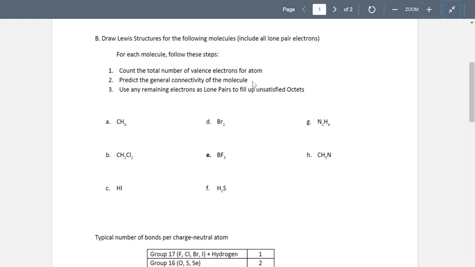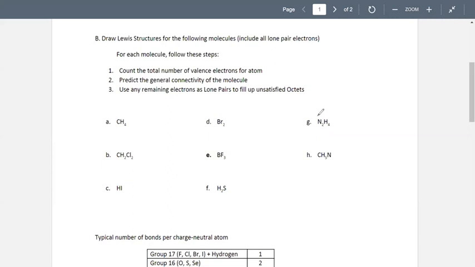Otherwise, I'm just going to pick one and do it. Does anybody have any preference of which one you want me to do? Can you do G? A, B, C, G. Okay. So G. Let's do G.